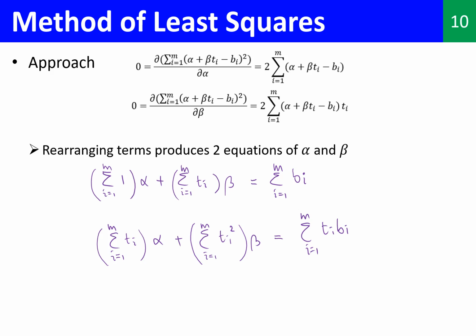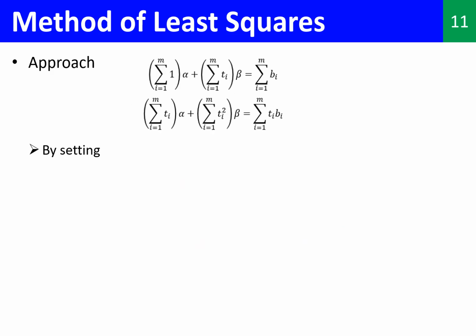Okay, now I want to put the two equations into matrix form. But instead of doing it in the usual way where I have these elements in a matrix, I would rather go for an interesting formation of elements. So I will set A to be all ones in the first column, and we have T1, T2 up to Tm.